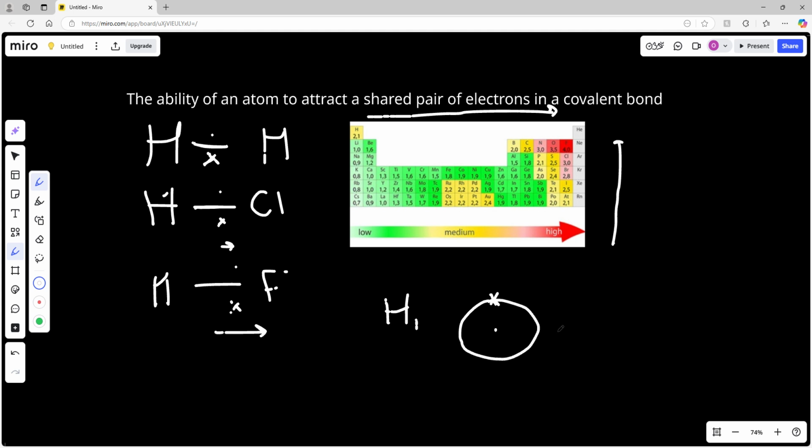Let's contrast this to fluorine to make it an easier comparison. Fluorine has 7 electrons in its outer shell, 9 in total. I'm not going to differentiate between p orbitals and s orbitals yet, I'm just looking at subshells. And obviously it has 9 protons. Let's just draw those as dots. There we go, 9.